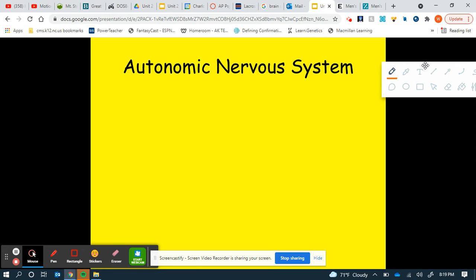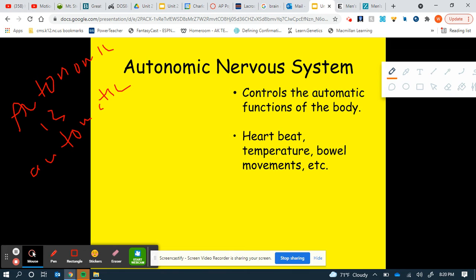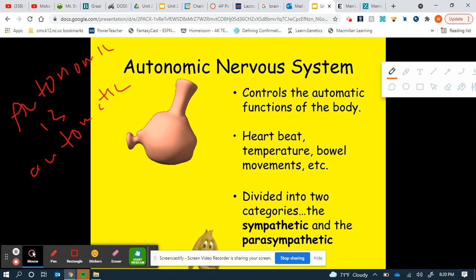The autonomic nervous system are the nerves that extend off of the spine that control automatic functions in the body. An easy way to remember this is the autonomic is automatic. These are things that we have some conscious control over if we want to.